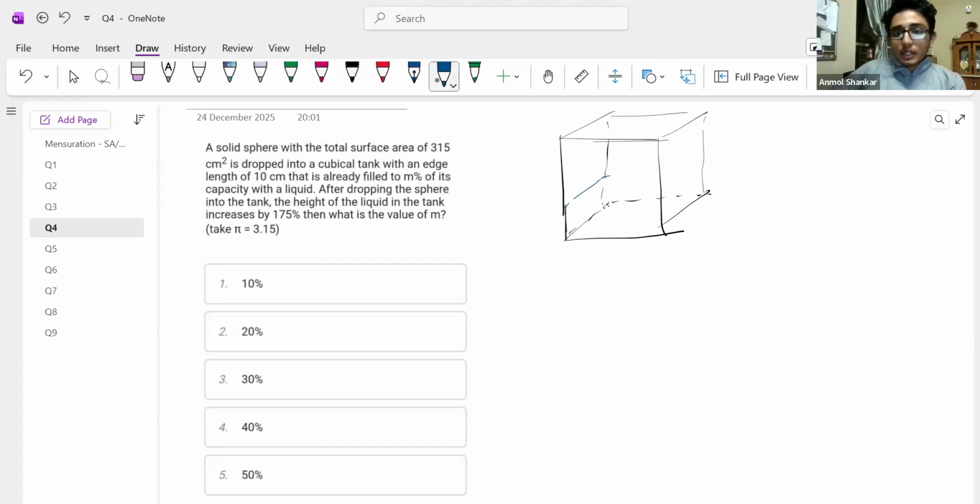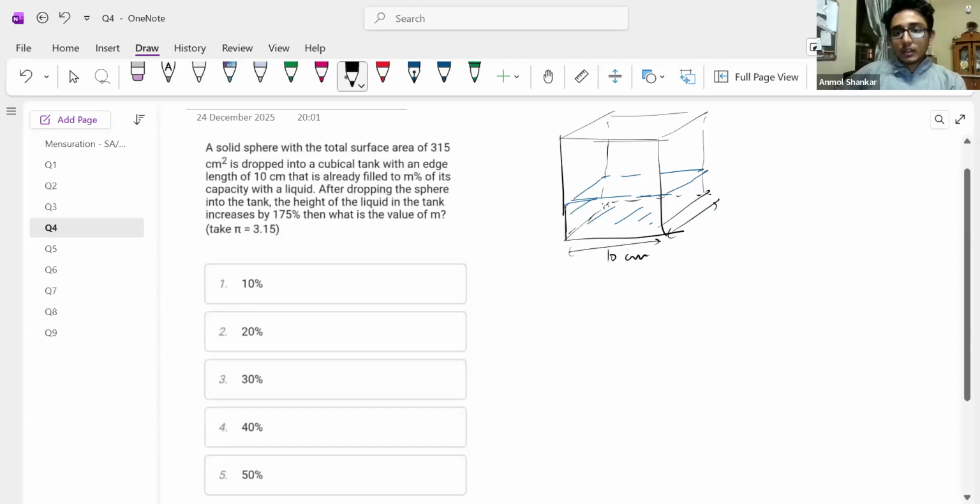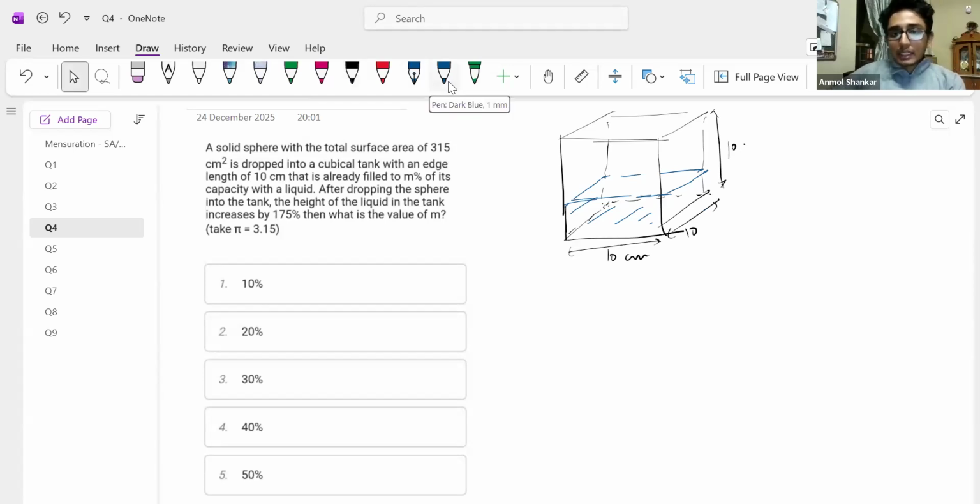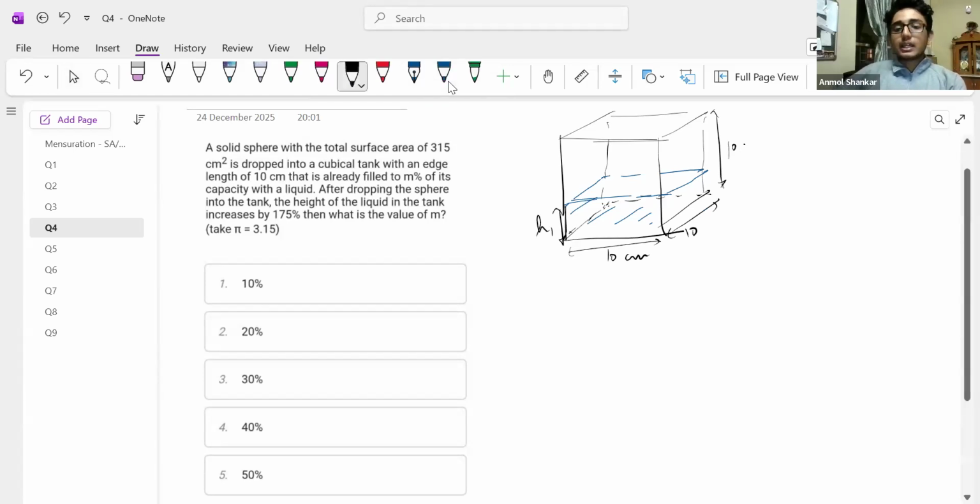Suppose it is filled up to here, and all sides are 10 centimeter, this is 10, this is 10. Suppose let us say this height is h1, isn't it? Let us take the initial height as h1.